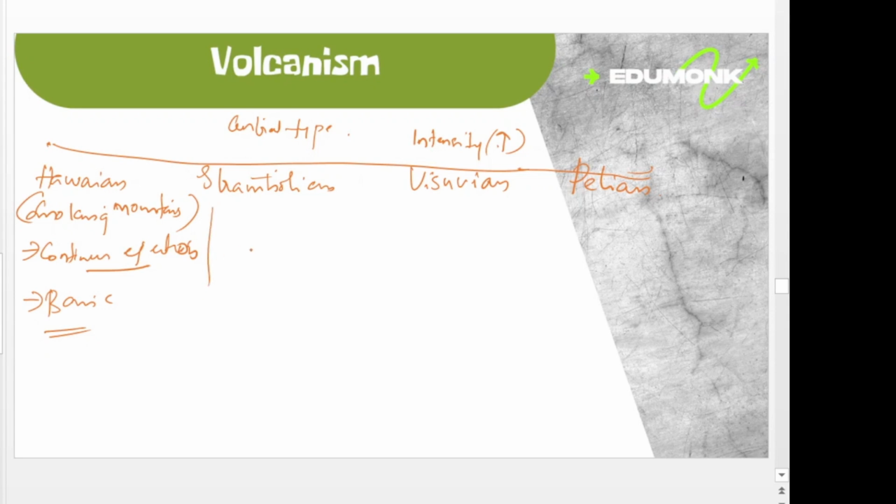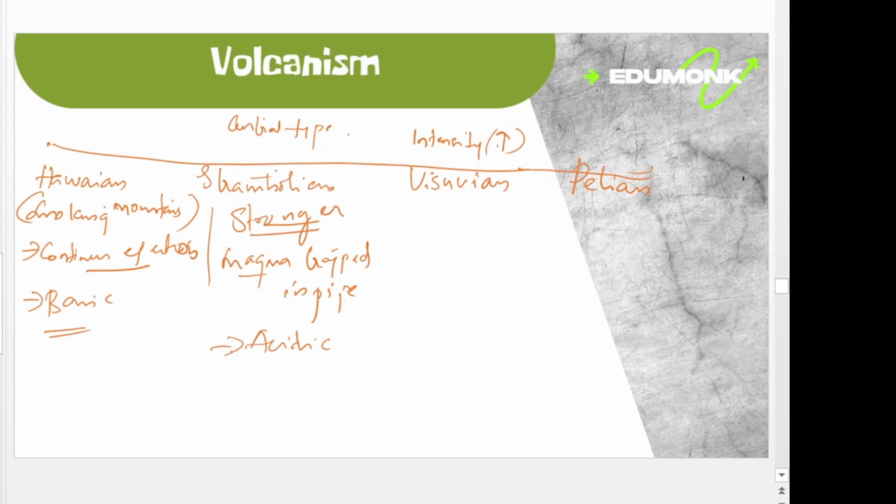Then we can move to Strombolian. Its intensity is higher than the Hawaiian. So this is a slightly stronger volcano. In most cases the magma is trapped in pipes, so we can say this is an acidic volcano.